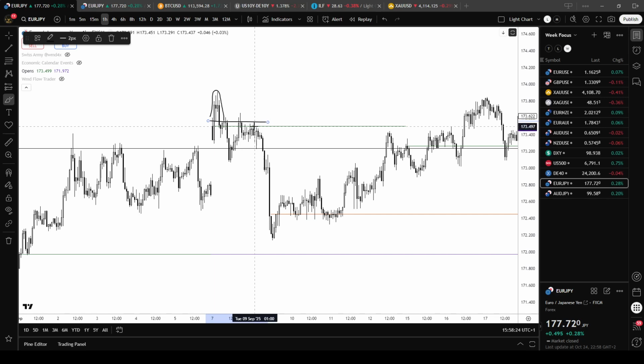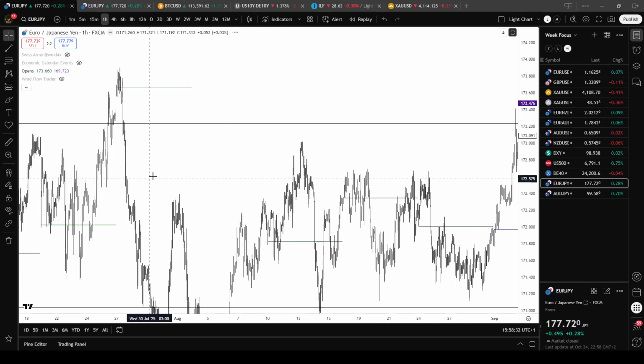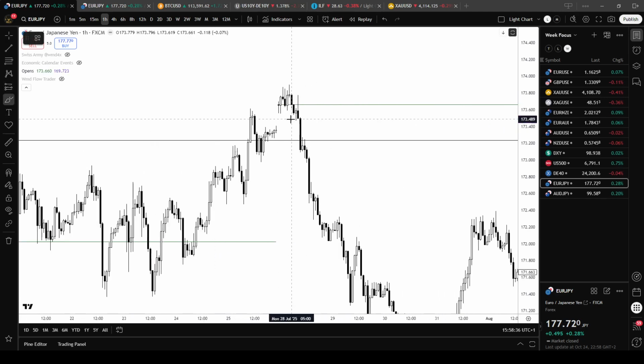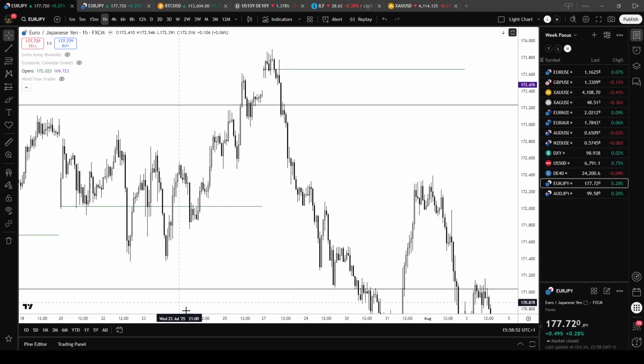Look at this. And you just fill the whole gap. And I think we had a similar occurrence here. Yeah, look at this. Gap to the upside. The moment it gets below on this candle here, the retest closes below, then you fill the gap and retrace the whole move. And there was no huge gap here to fill.